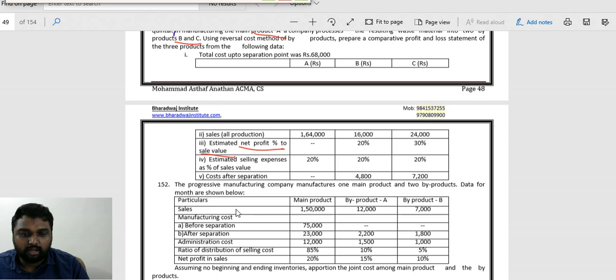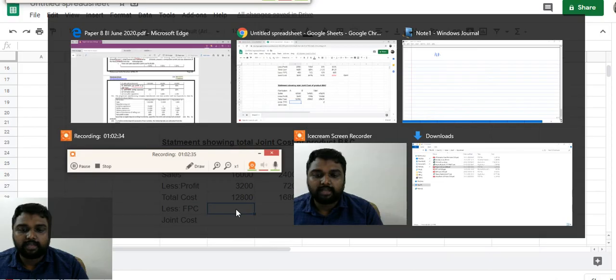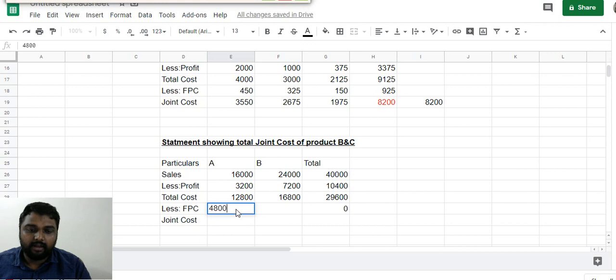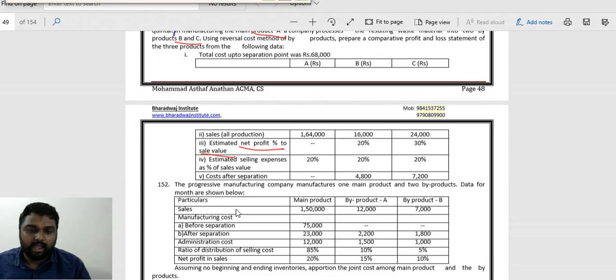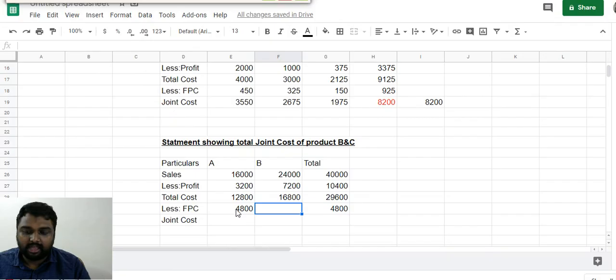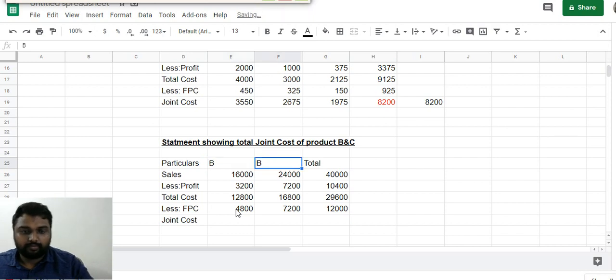What is the further process cost? Further process cost is the last one, cost after separation, which is 4,800 for A. Second product is 7,200. Actually, the product is called B and C. So you get your joint cost.